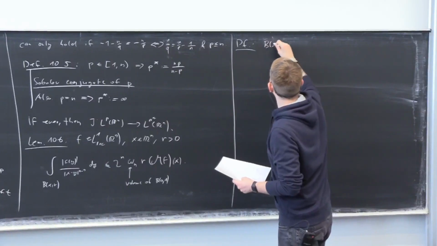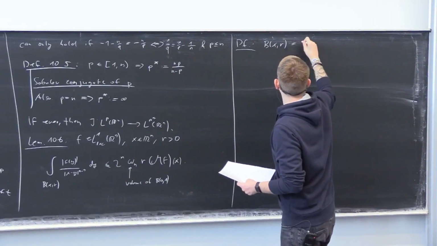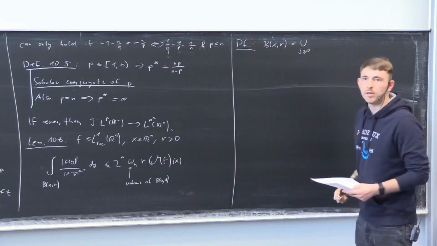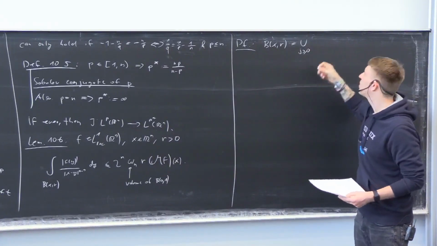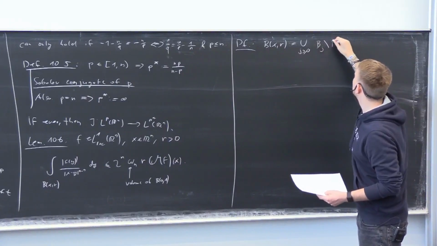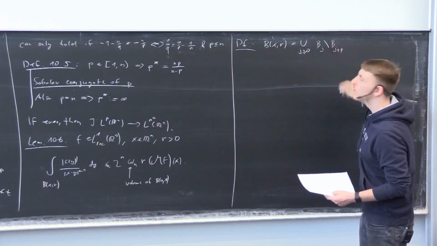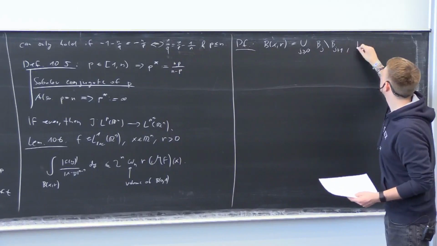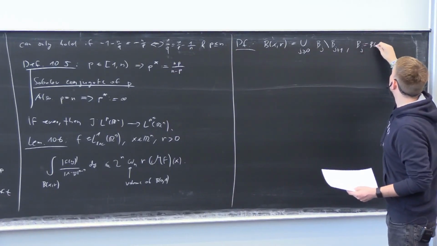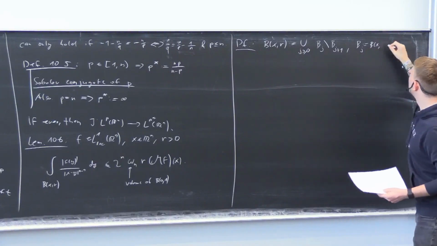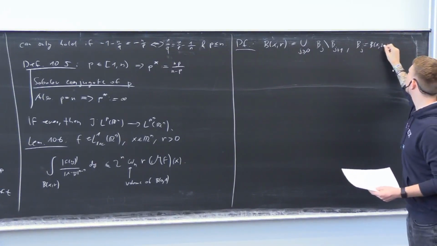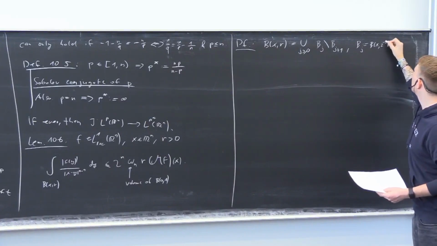So I write B(x,r) as the union for j larger than or equal to 0 of some balls that I have to introduce, namely B_j without B_(j+1). What are these B_j's? B_j is defined as a ball around x. The radius r also appears, but I introduce some additional scaling 2 to the minus j.